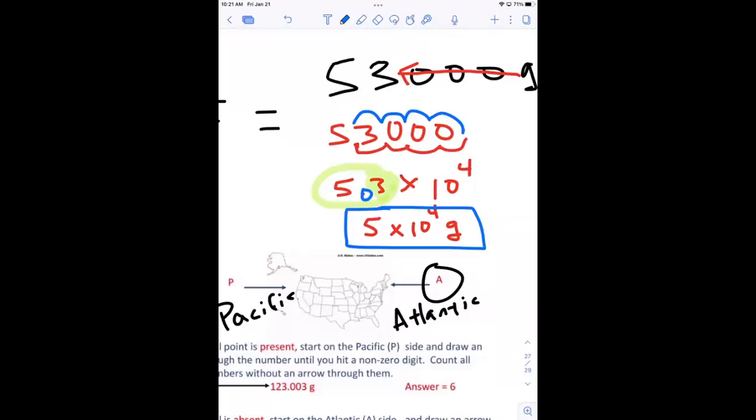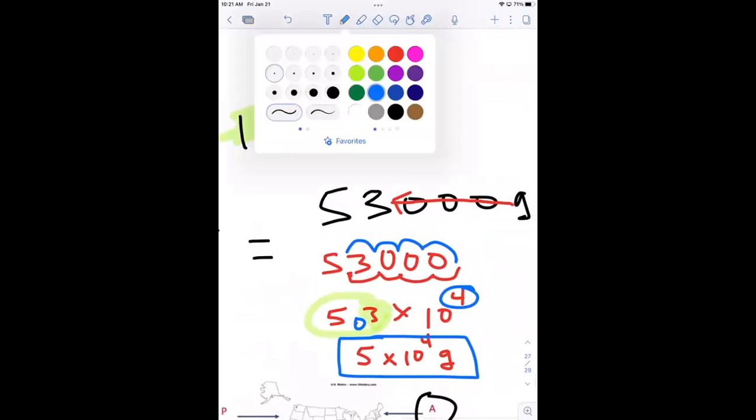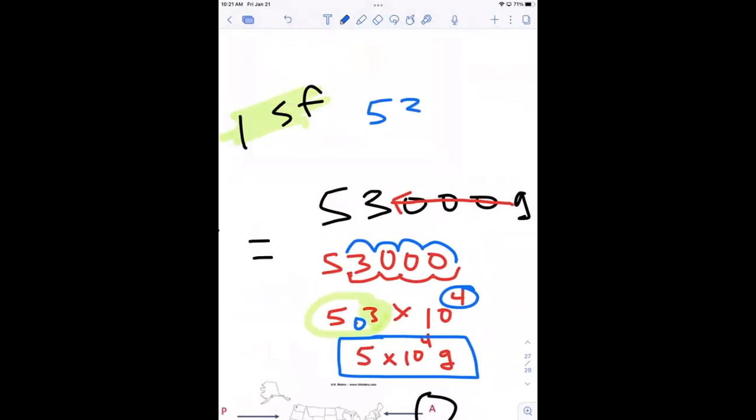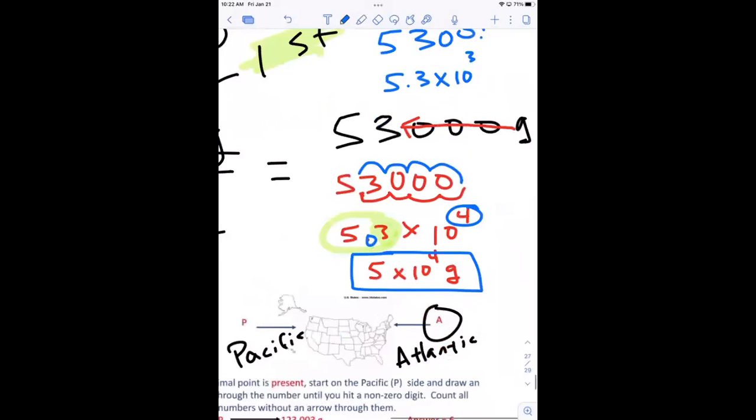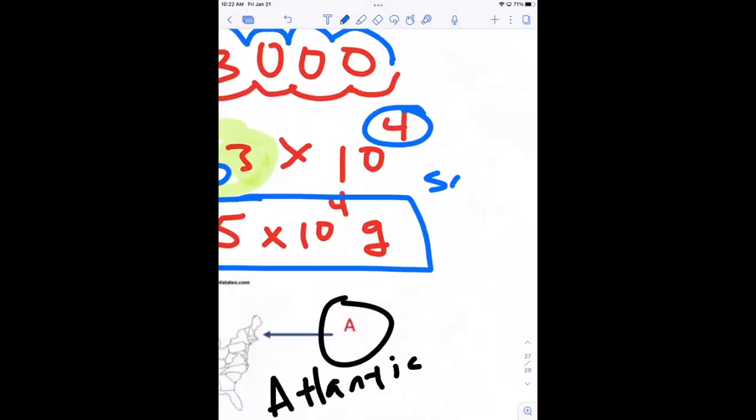So 10 to the 4th is a 10,000 calculation, because that's 53,000. It's not 5,300. If it was 5,300, the decimal would be here, and I would move it 3 times. So it'll be 5.3 times 10 to the third. And this is how we express numbers in what we call scientific notation.